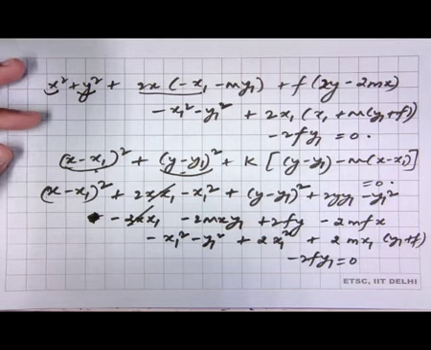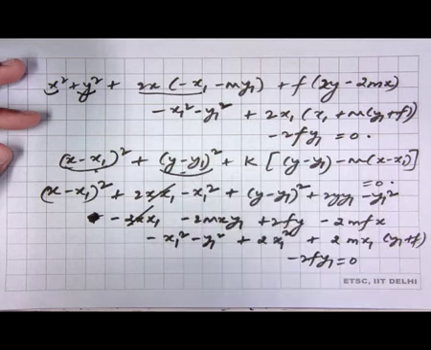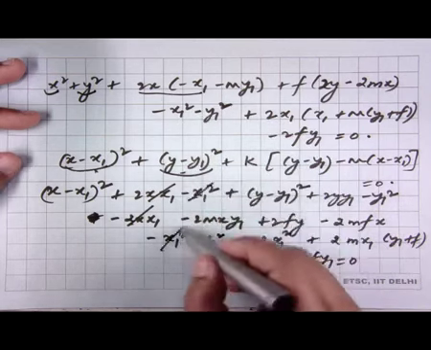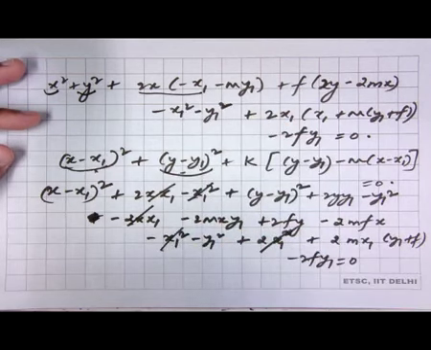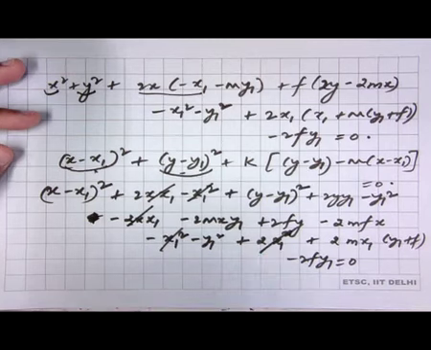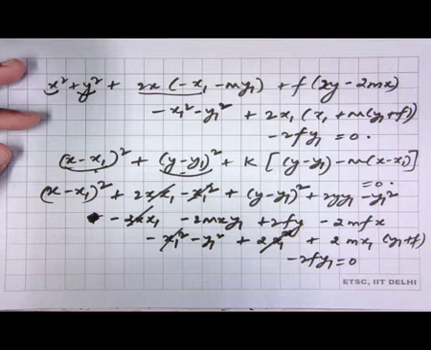So, what we see is that this minus x1 square and the minus x1 square here become minus 2 x1 square, which gets cancelled with the plus 2 x1 square here, and then the remaining terms can be simplified further.